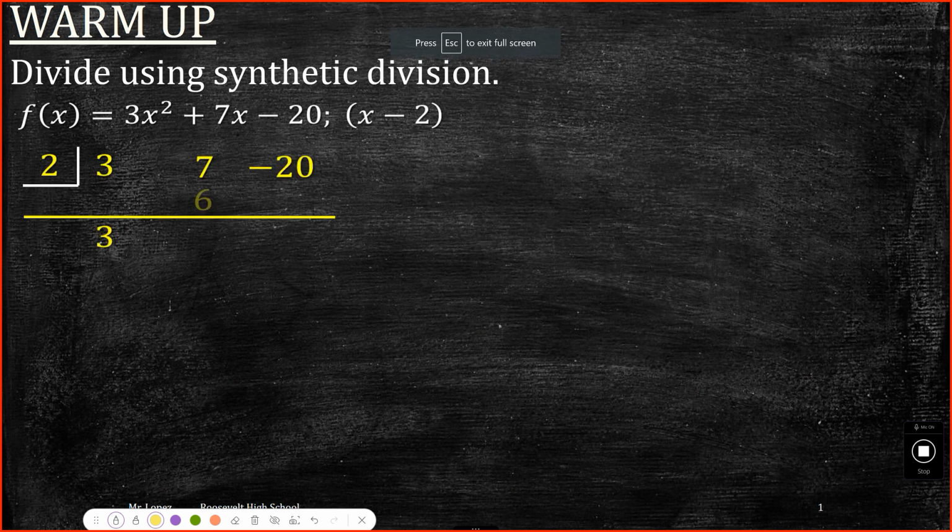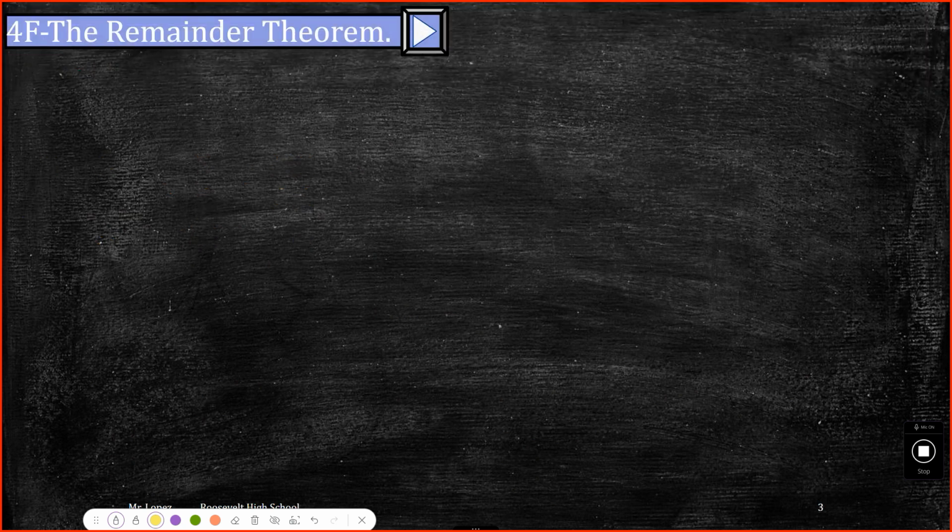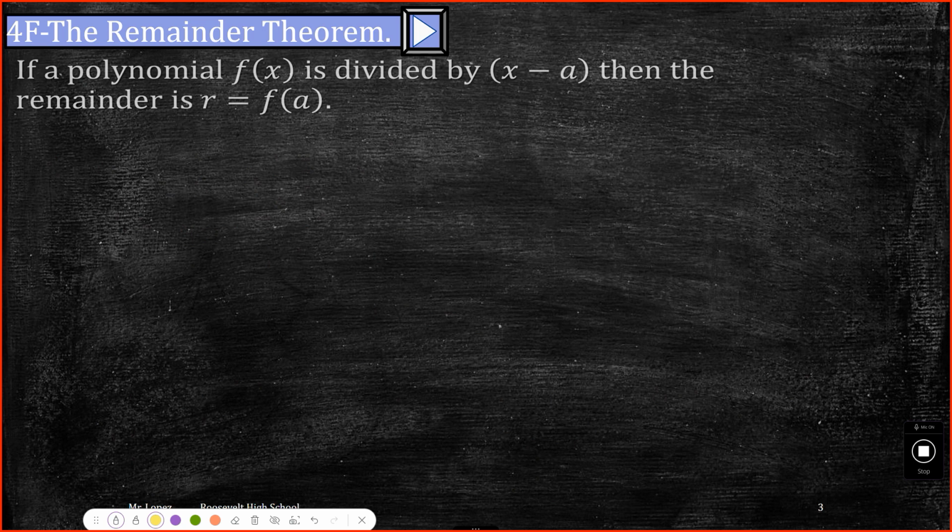So what we're going to do today is called the remainder theorem. Lesson 4F, the remainder theorem. And here's the theorem. If a polynomial f of x is divided by x minus a, then the remainder is r equals f of a.